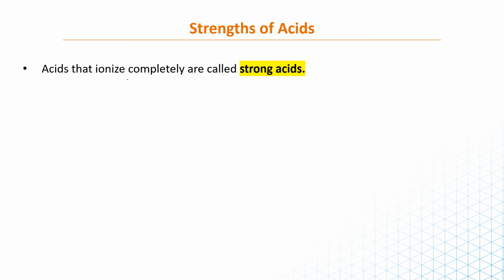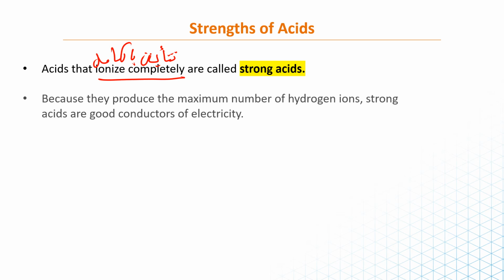So acids that ionize completely are called strong acids. So strong acids ionize completely because they produce the maximum number of hydrogen ions or hydronium.